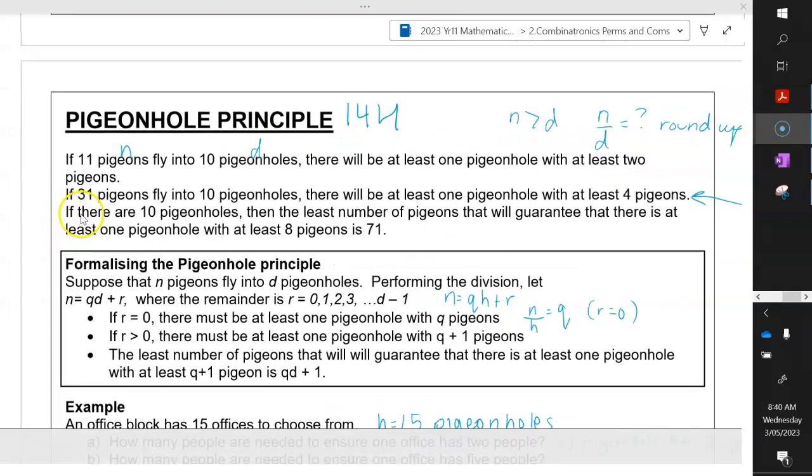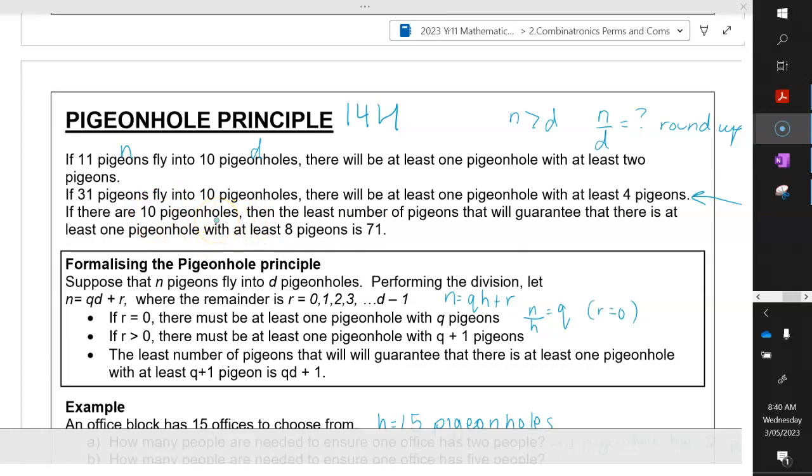Looking at the last bit here, it says if there are 10 pigeonholes, then the least number of pigeons that will guarantee that there is at least one pigeonhole that has at least 8 pigeons is 71. So what we're saying is it's going to take 7 pigeons in each of those 10 pigeonholes to get them all filled.